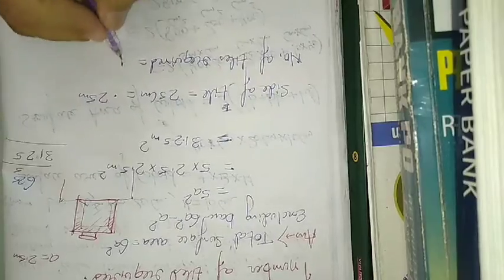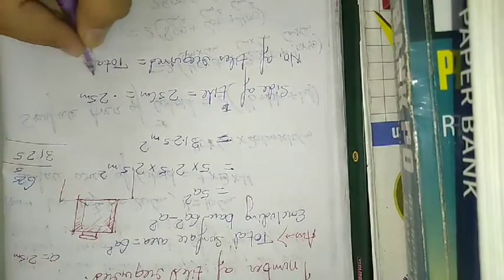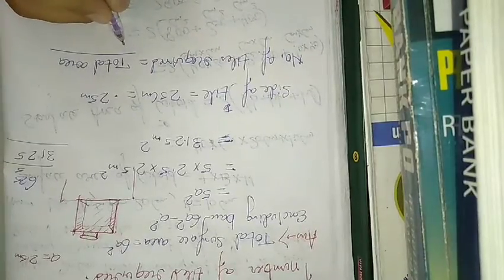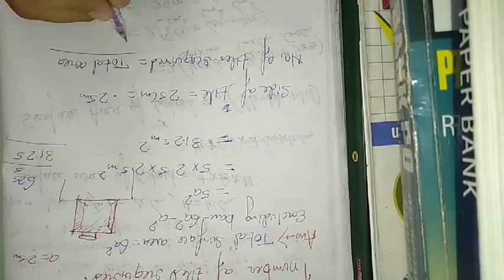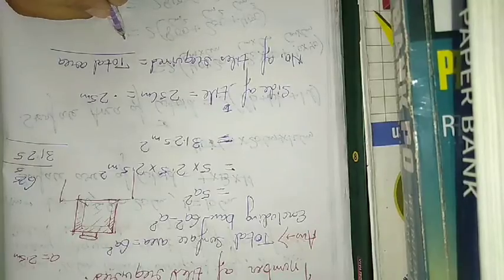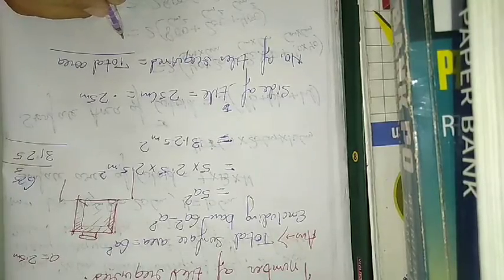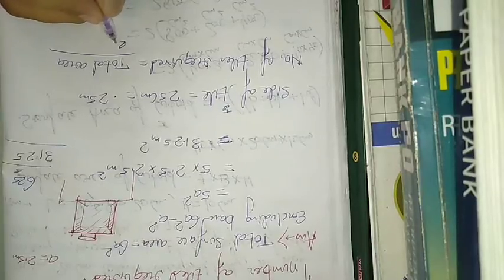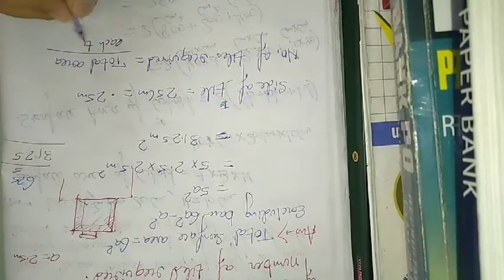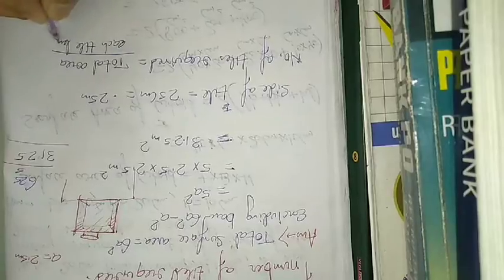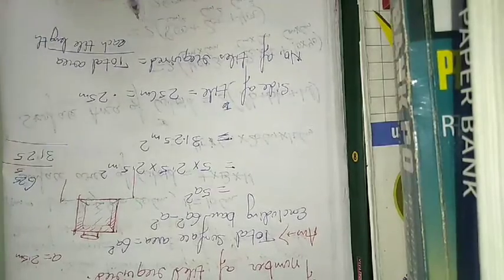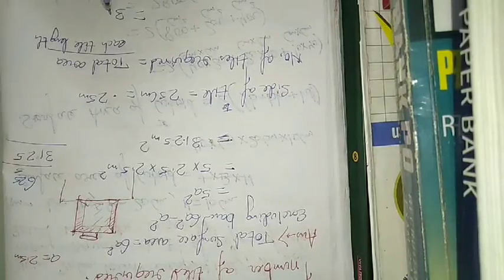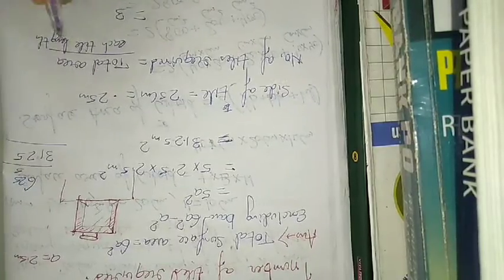Now the number of tiles required is equal to total area divided by, sorry, not each tile length, each tile area.